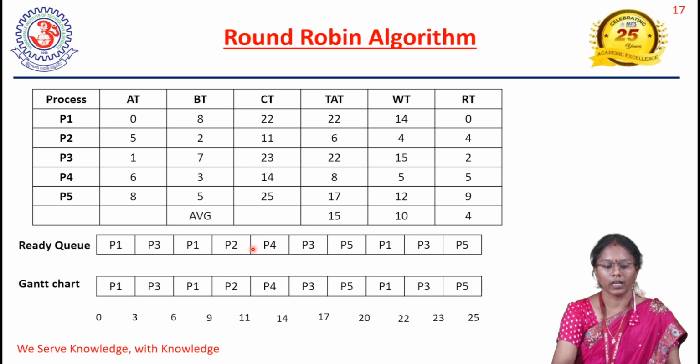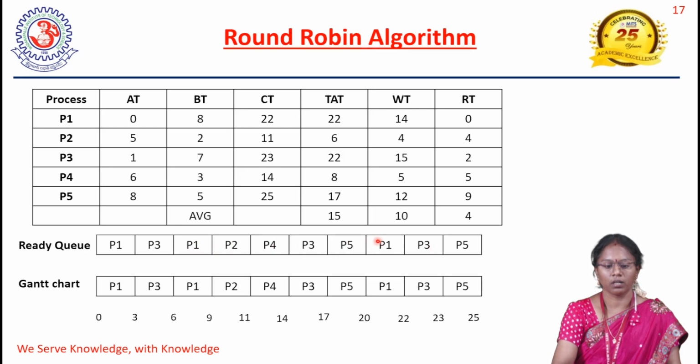And now we have to see which process enters next. After P1, the order in the ready queue is P2, next P4, next P3, next P5. For P4, the burst time is 3, so it has been executed for 3 seconds and has no remaining time, so there is no need to execute P4 again, and it does not enter the ready queue.